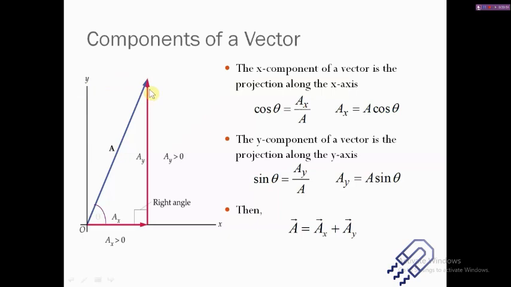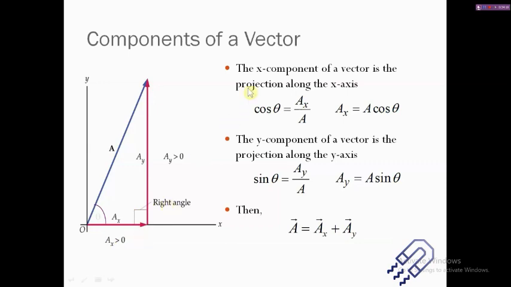So this will be the perpendicular side, this will be the base, and this will be the hypotenuse. So it's becoming a right angle triangle. Here this represents the magnitude along the x-axis, and this represents the magnitude along the y-axis. This angle is 90 degrees. So this is a very simple diagram, correct?